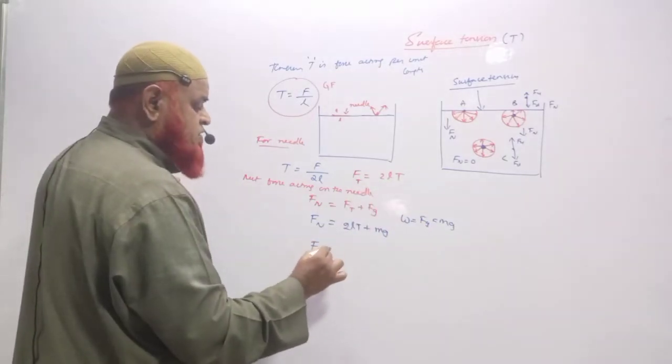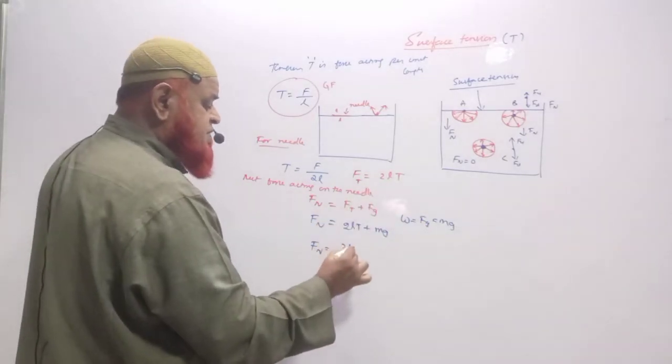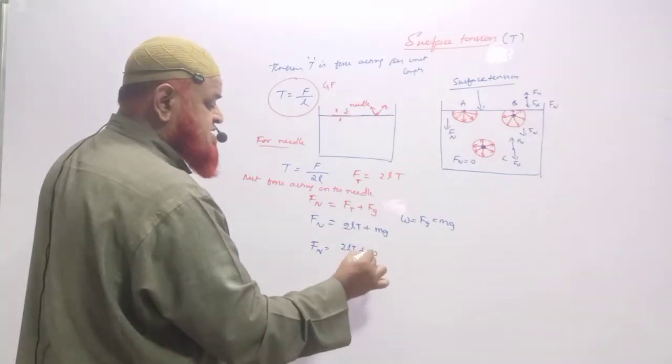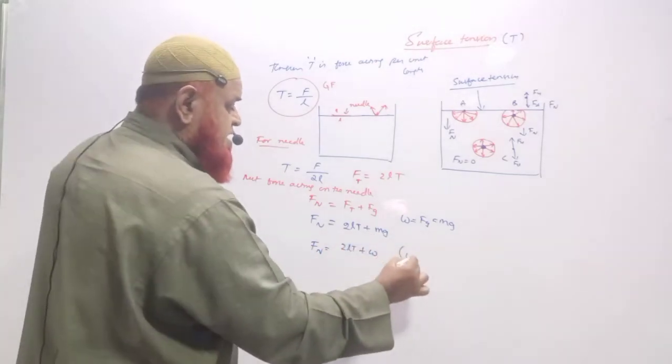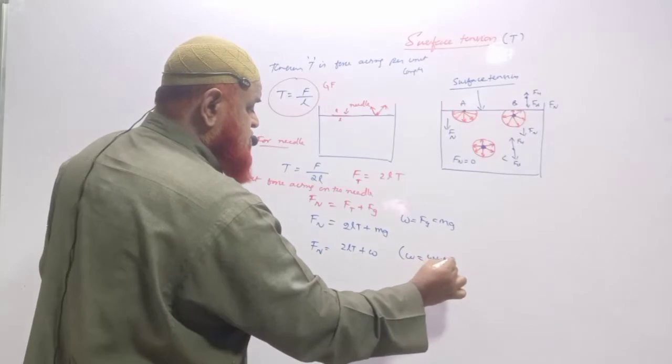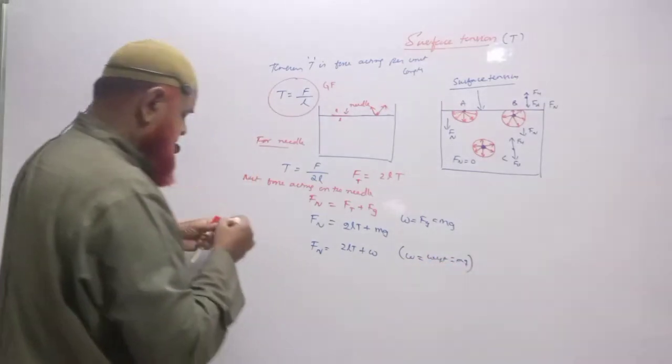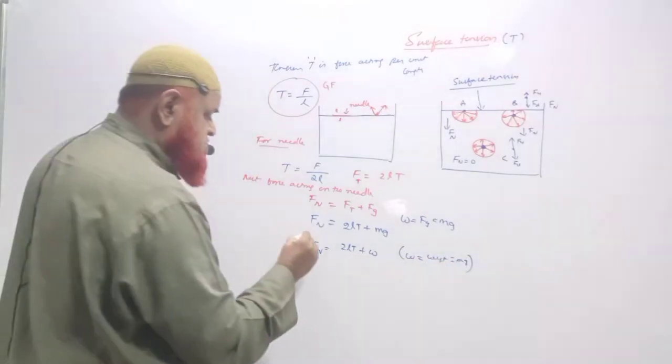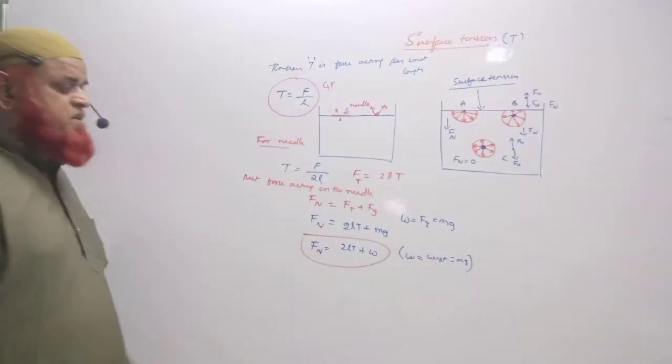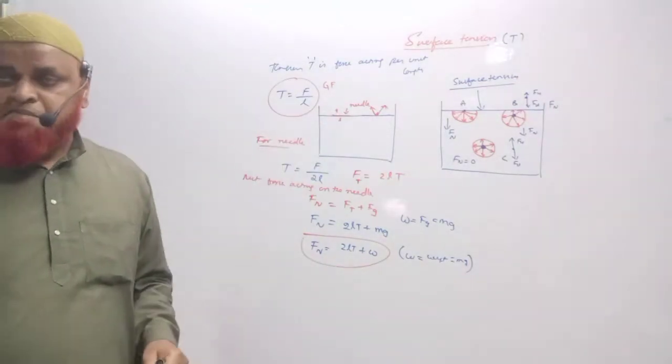You can also write the net force acting on the needle as 2L into T plus W, where W is the weight, which is mg here. This is called the net force acting on the needle.